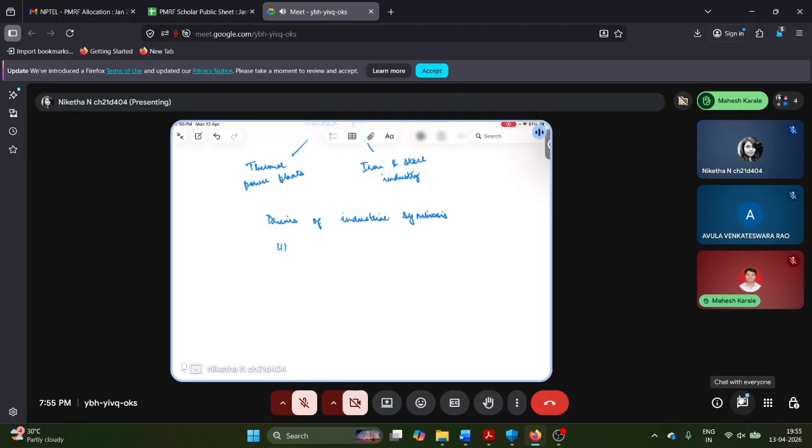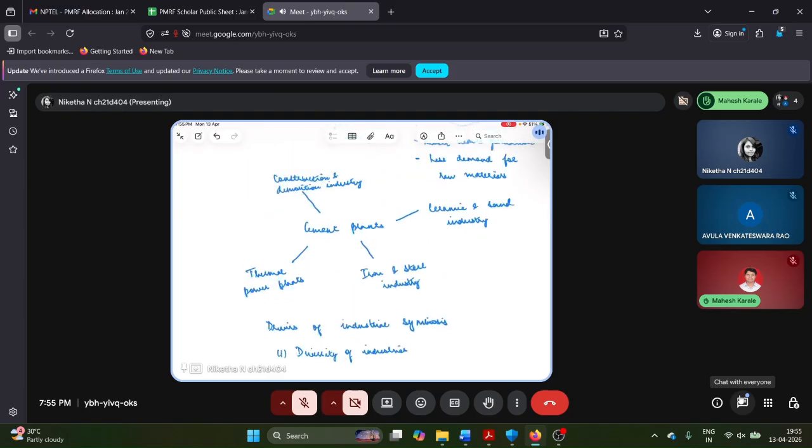So, prerequisites or some factors which drive industrial symbiosis are diversity of industries. What this means is that if the industries are diverse, just how we saw in this example here, a cement plant is very different from a thermal power plant or an iron and steel industry.